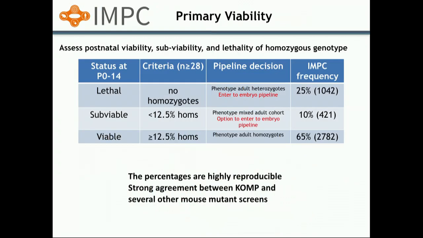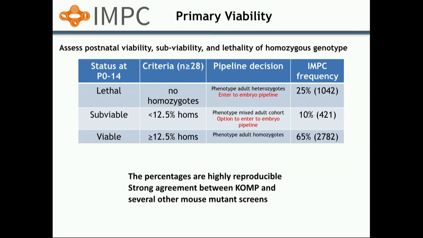Mice are either viable as homozygous nulls, or lethal, meaning that there are no homozygotes found at weaning, or they fall into an in-between category that we term subviable. And these lines are characterized by a lower percentage of homozygotes found at weaning. In our case, the threshold is less than 12.5% homozygotes found at weaning.